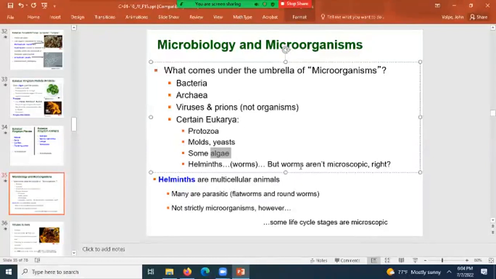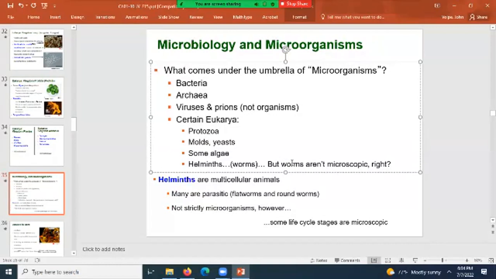However, there are certain life stages of the parasitic worms which are microscopic. And it's the microscopic version of the worm which is usually the infective vehicle for infecting a human, meaning most humans get a parasitic worm by consuming the fertilized egg of the worm.